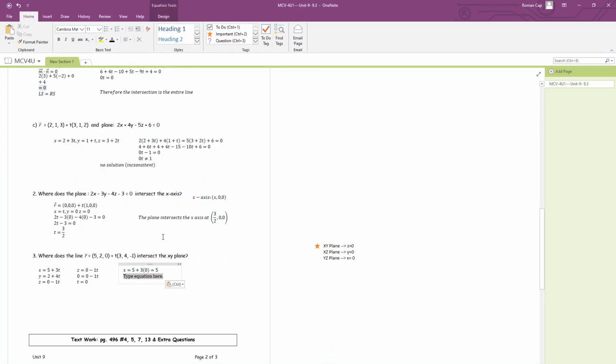Now we're going to do the same thing here. y is equal to 2 plus 4 times 0, and we're going to get 2. And then finally with z, we already have this one, but I'll just write it again. z is equal to 0 minus 1 times 0, and that's equal to 0.